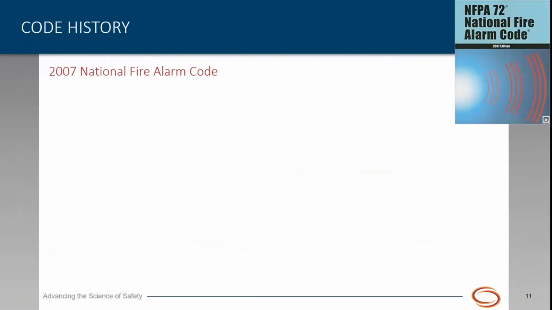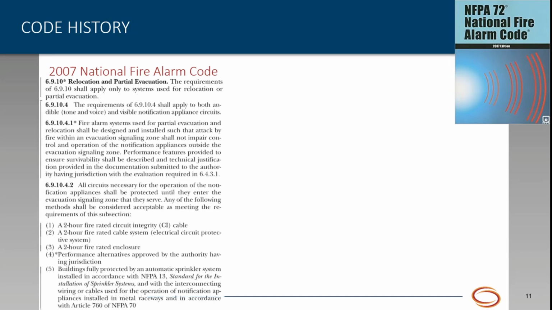In the 2007 edition, it kept the requirements in the EVAC section, which was 6.9 at the time. The relocation requirement is still there, but it puts it into more building code language. So rather than, we speak of general alarm, but systems using relocation or partial evacuation, which are really building code terms, very specific that applies to survivability even again to this day.